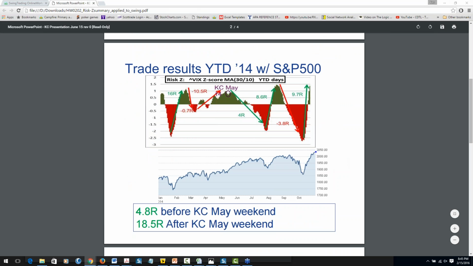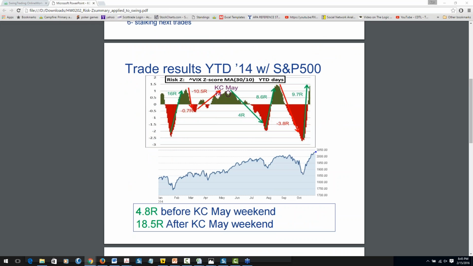And so Tim's presentation from last year at the research weekend looked at things this way. These were the results of swing trades that he did, and then mapped to the conditions of the Risk Z. In the bottom part of the graph here, you see price levels in the S&P, and his attendance in Kansas City was right here in the middle of this graph.